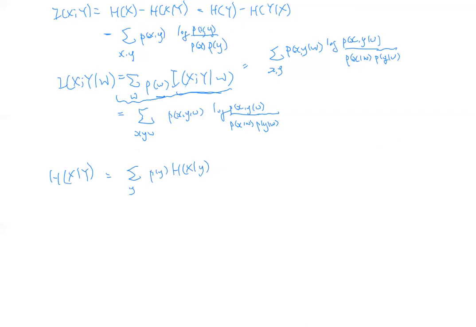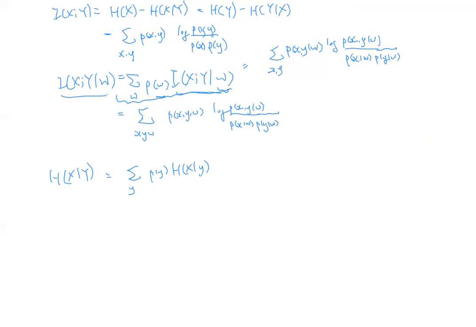For each of these small y, you have a different distribution of x. So here, for each different small w, we have a different joint distribution p(x,y given w), and p(x given w) and p(y given w). So we can define this I(X;Y given w), and then we take the weighted sum to get I(X;Y given W).